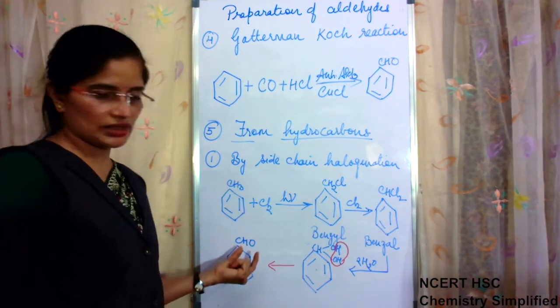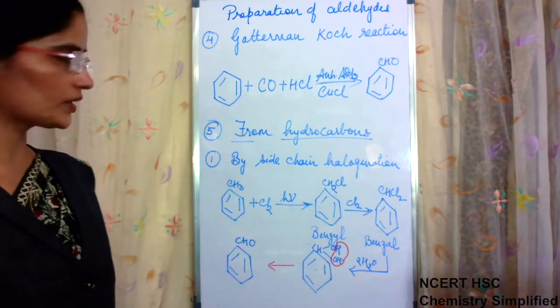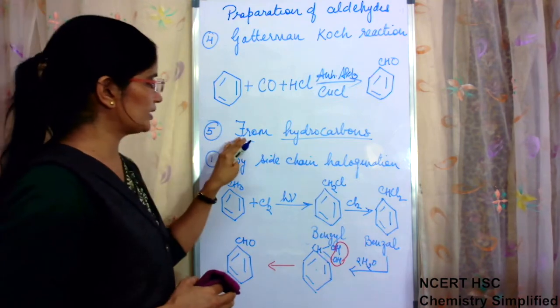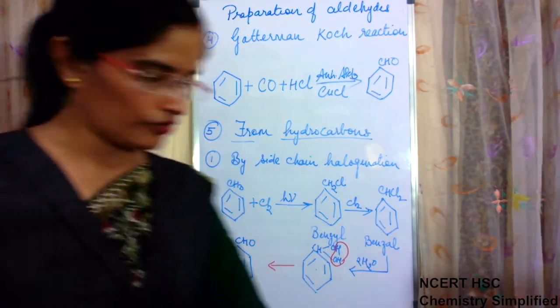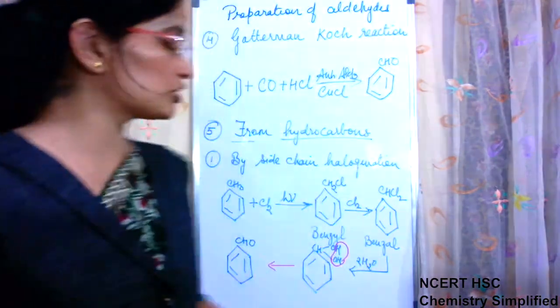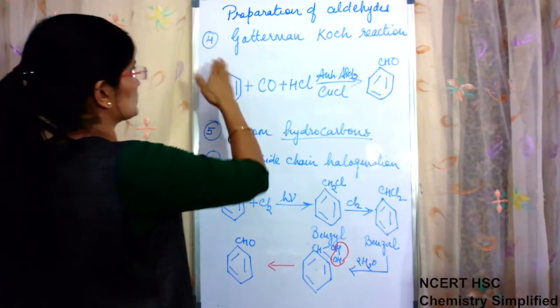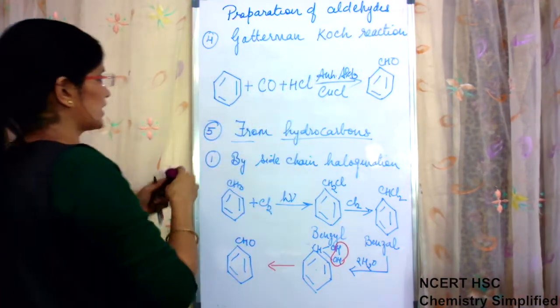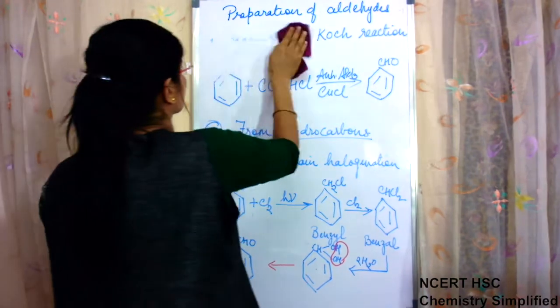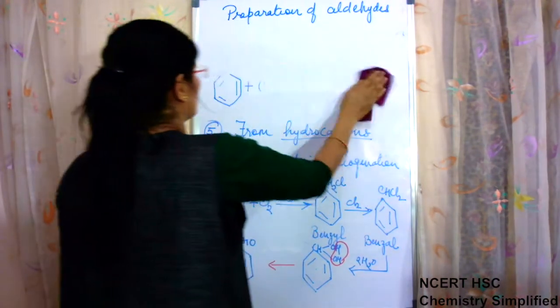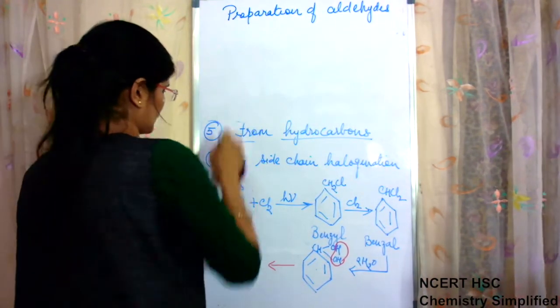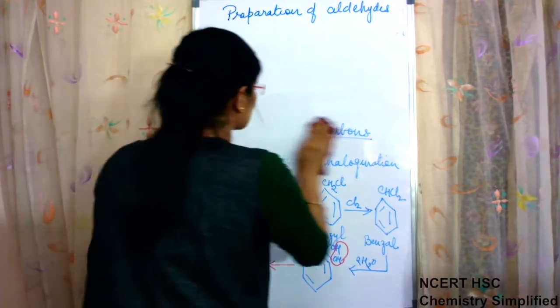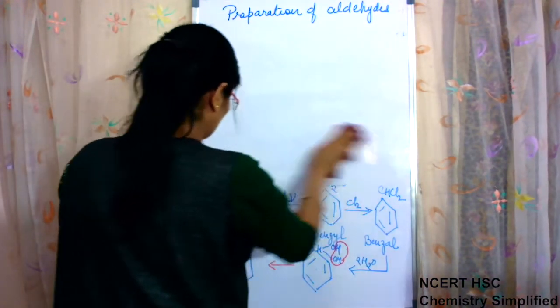Methyl group is oxidized to aldehydic group. Now under the same heading, from hydrocarbons, we come to another method, and also it is an important name reaction, just like Gattermann-Koch reaction is a name reaction. So now we come to the second method.